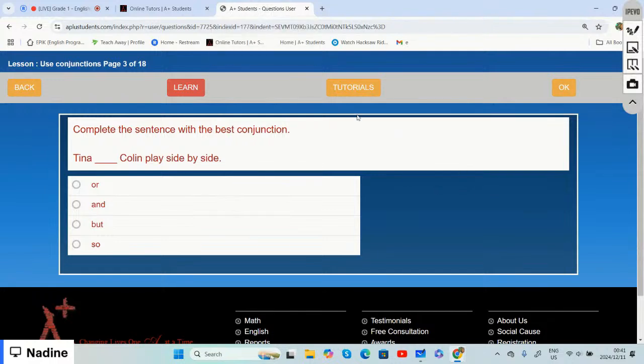All right. Then we have Tina. Do we say "Tina or Colin play side by side", "Tina and Colin play side by side", "Tina but" or "Tina so Colin play side by side"? Which one is correct?